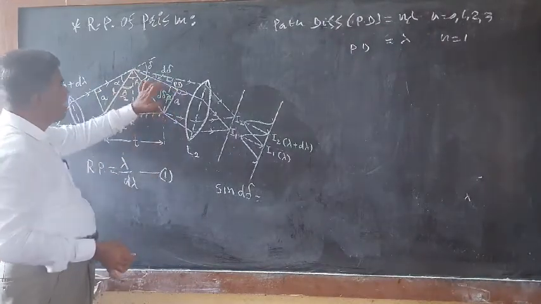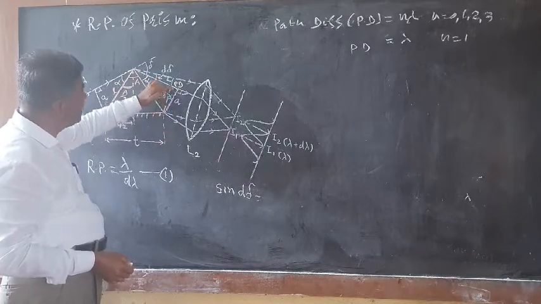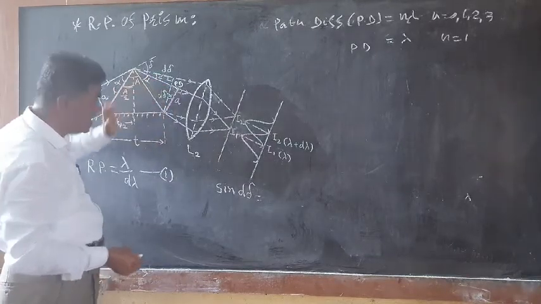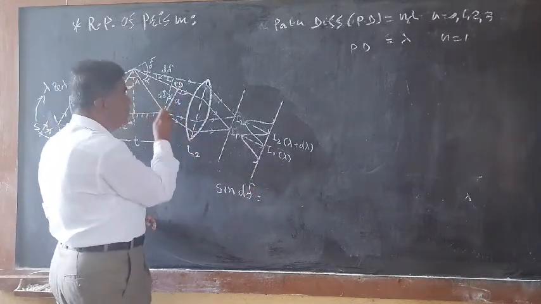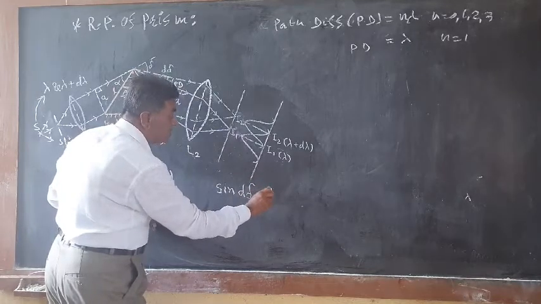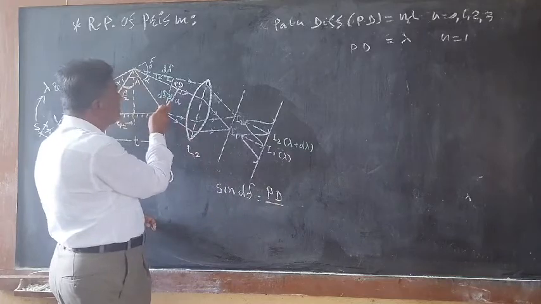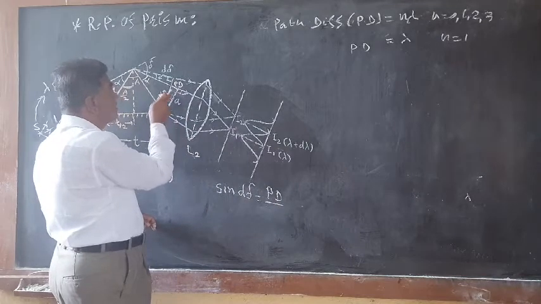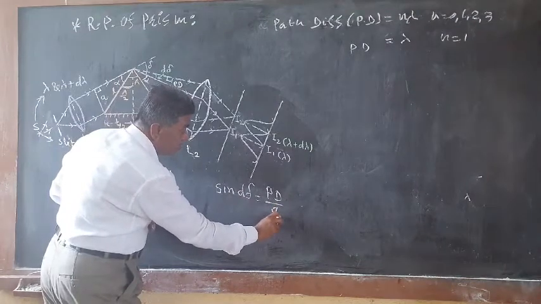So this side is also A, and this side divided by the hypotenuse can be regarded as A. So sin d delta will be equal to the path difference divided by the hypotenuse, that is A. These sides are equal, and this can be considered as an arc.